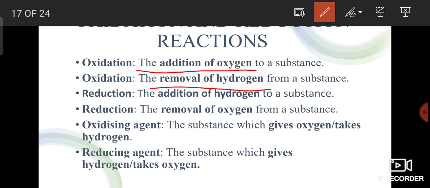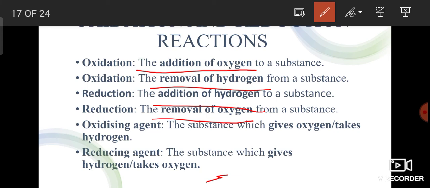Any one from both of these is there, then the substance is getting oxidized. Next is reduction. Reduction takes place when hydrogen is added to some substance, or removal of oxygen takes place from a substance, that is also referred to as reduction. So both of these are reduction.